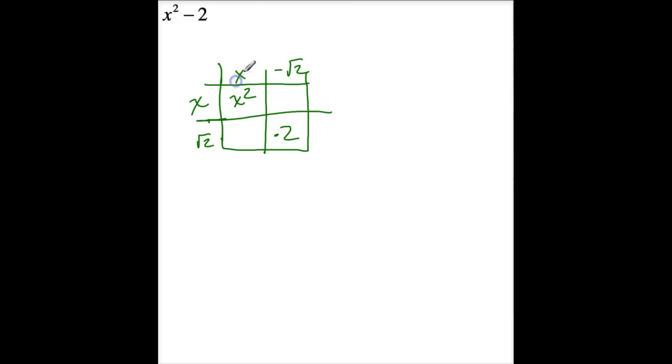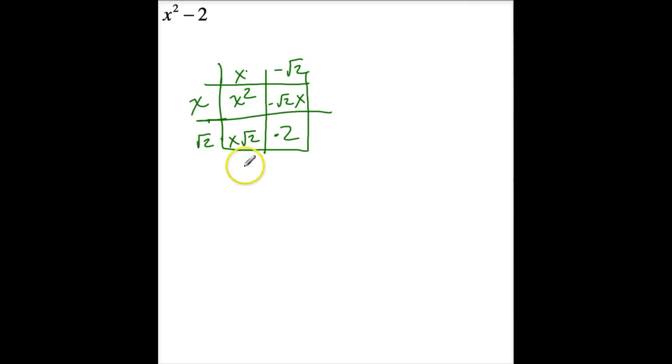This one's going to be x times what is x squared, so it's going to be x times x is x squared. X times the square root of 2 is x times the square root of 2. X times minus the square root of 2 is minus the square root of 2 times x. And negative square root of 2 times the square root of 2 is minus 2. Cool.